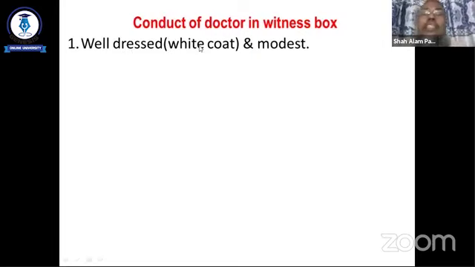So if you attend the court with a white coat, the people around the court will give you some respect to enter the court. Otherwise, they may not be able to identify you.